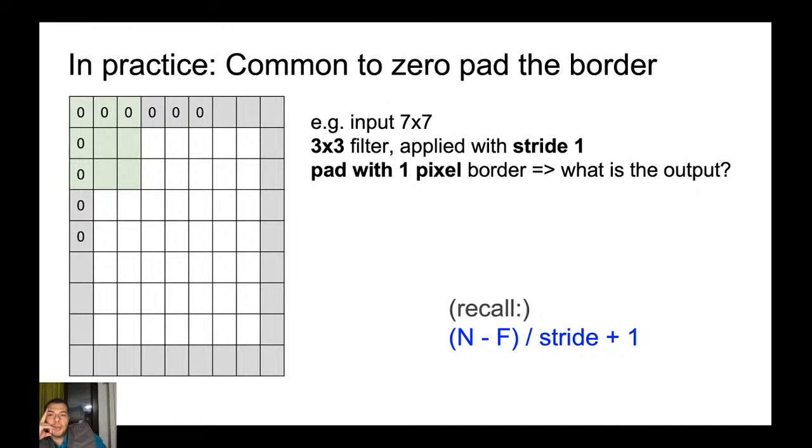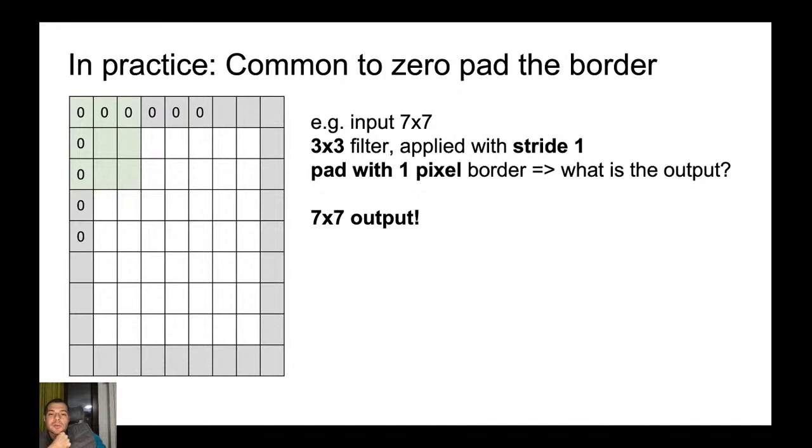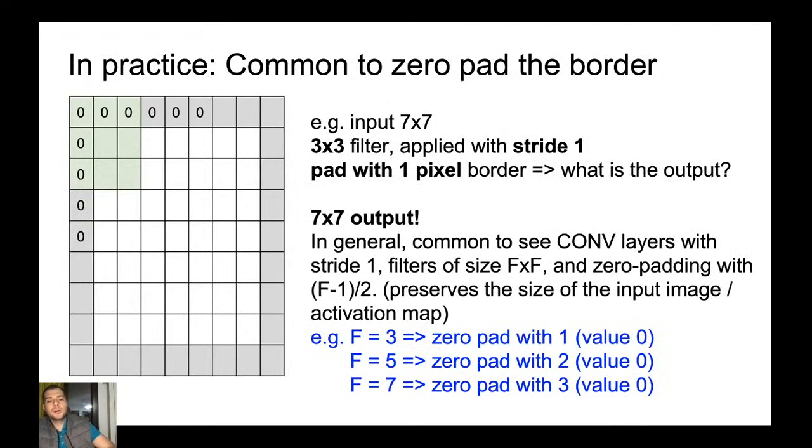Another utility is that if we want to obtain an output of the same size as the input, then we can control this by adding this border. And this parameter is typically called padding. So if we pad the input with a border of 1 pixel, we obtain an output of 7 by 7 pixels in this case. So we obtain the output with the same size as the input.